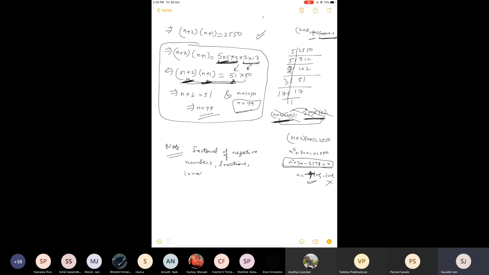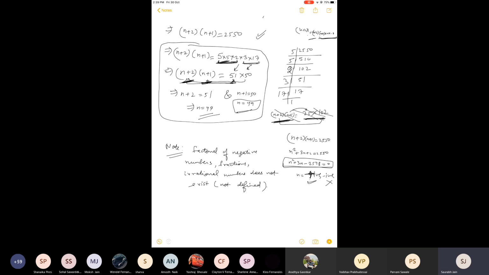Or in simple words, we can say that factorials of whole numbers only are defined, because you calculated 0 factorial, 1 factorial, 2 factorial, and likewise. So whatever anything else is present there, its factorial will never be defined. Factorials of negative numbers, fractions, irrational numbers do not exist, or you can say not defined, it is one and the same thing.